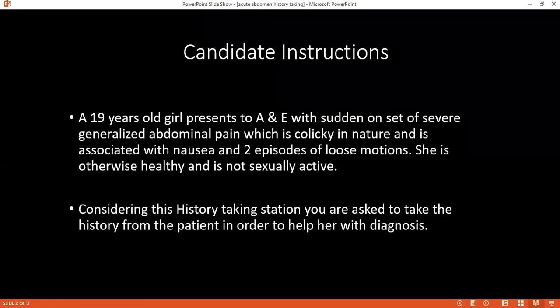Then, if she's vomiting, she might need a nasogastric tube for gastric decompression. After that, we need to do proper tests, starting with abdominal examination, then ultrasound, then possible OGD or colonoscopy, then a CT scan to figure out what is going on and to manage appropriately.